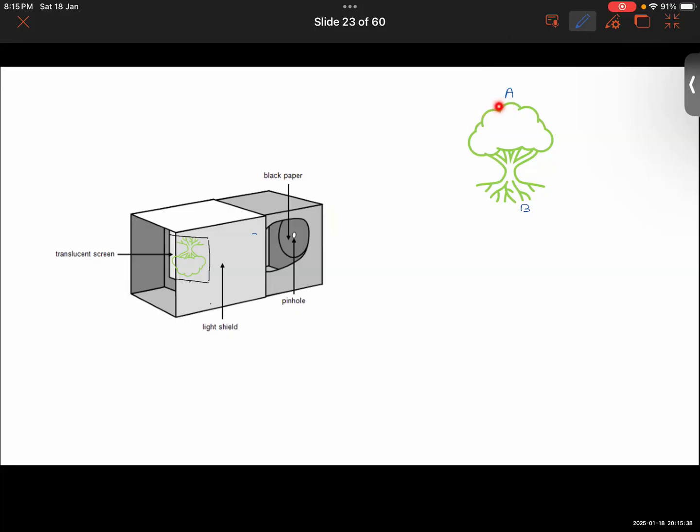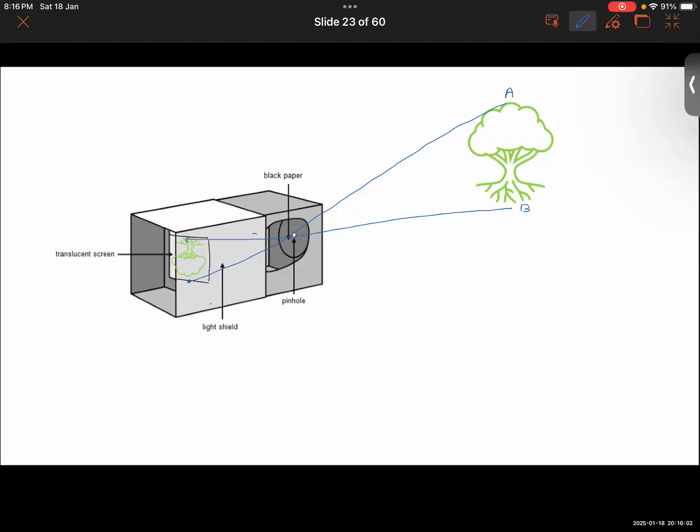So these are the rays of light that are going to come from the top of the tree, and they will go through this tiny pinhole and fall on the bottom of this translucent screen on which the image has to be obtained. These are the rays of light that are coming from the bottom of the tree, going through this tiny hole and falling on the upper portion of the translucent screen.